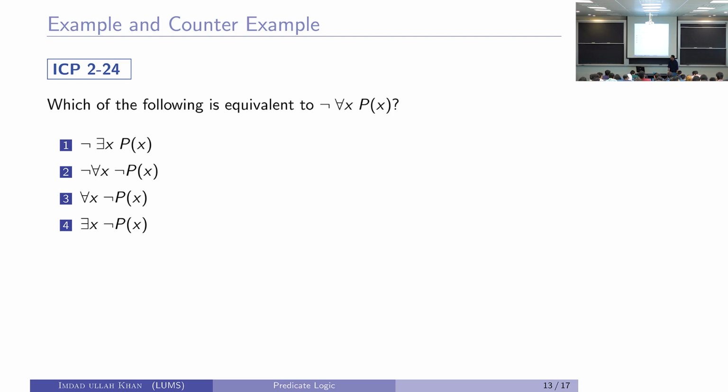That's the right answer because we just say that there exists some x for which P is not true. So that's the negation of that. Which of the following is equivalent to the negation of there exists x P of x? Again 4: for all x, not P of x. So the answer is always 4.